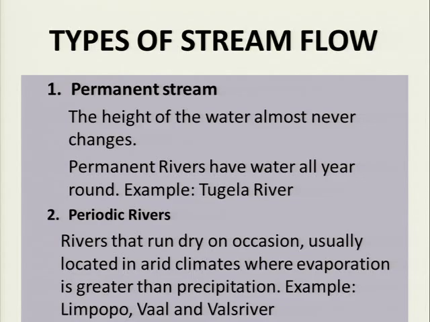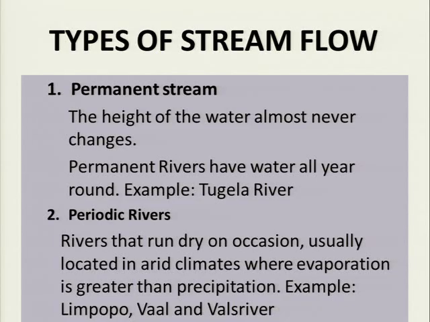Right, the very first one is the permanent stream or the permanent river. Okay, now guys, in a permanent river, the height of the water almost never changes. Meaning, if I go to, say for instance, the Tugela River during the winter season, it will be almost the same height as it is in the summer season.